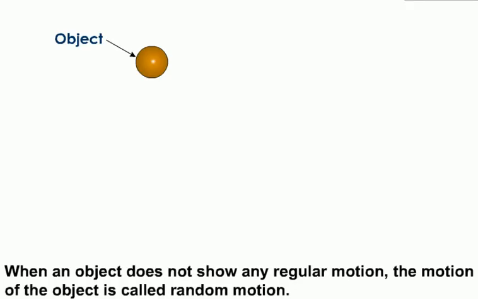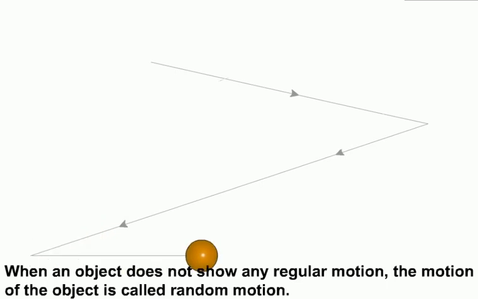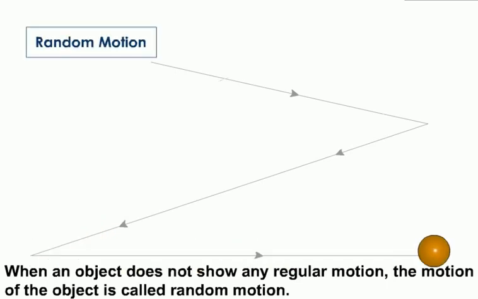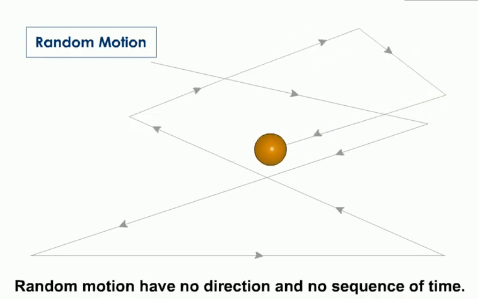Students, when an object does not show any regular motion, the motion of the object is called random motion. Students, these types of motion have no direction and no sequence of time.